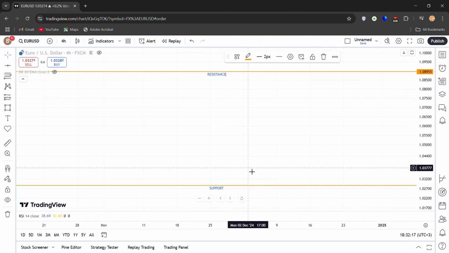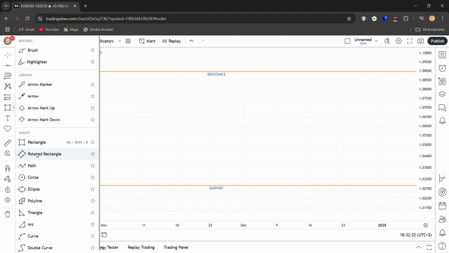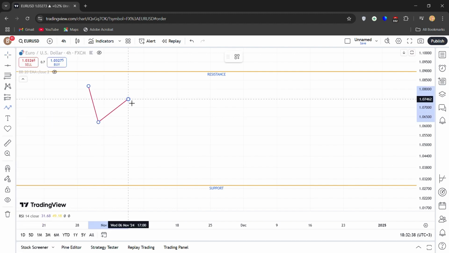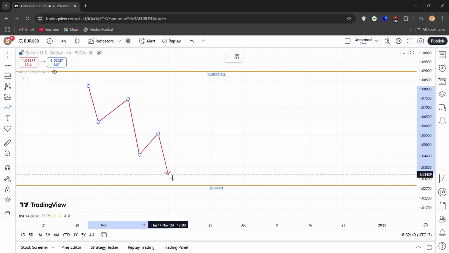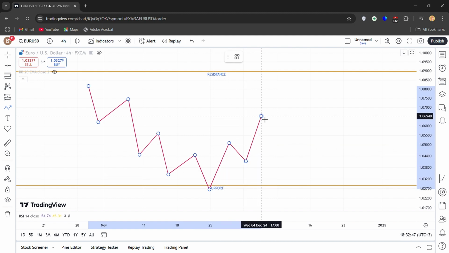It's a price level where a downtrend will reverse and change direction because of an increase in demand, or the buying pressure is too high. So it will change from a downtrend to an uptrend. When it reaches this support level, it will change direction and move upwards.